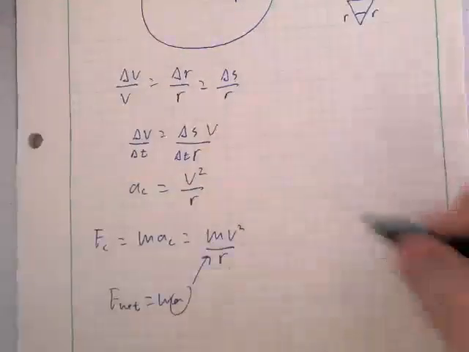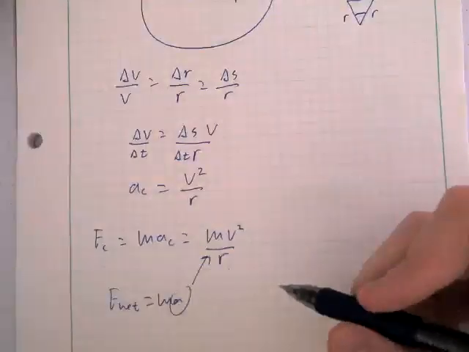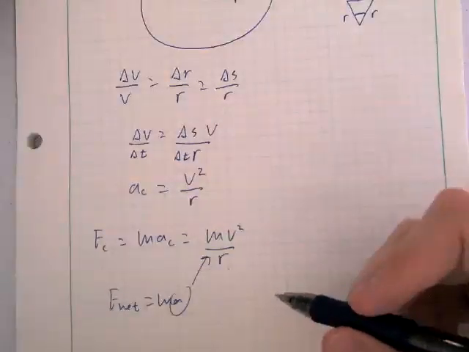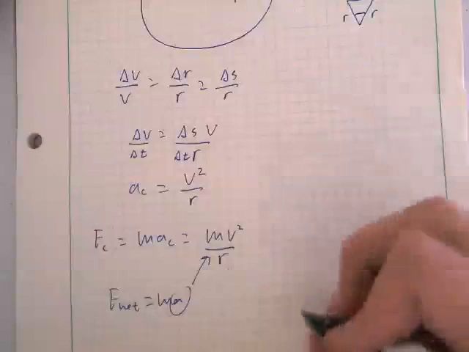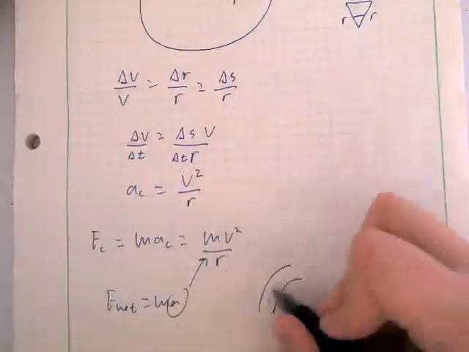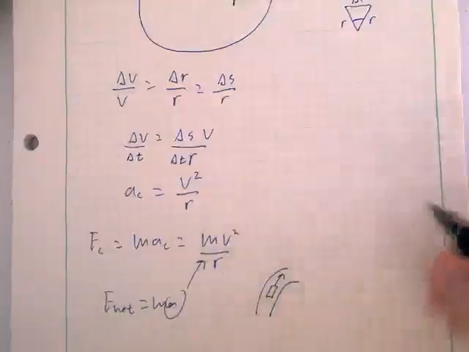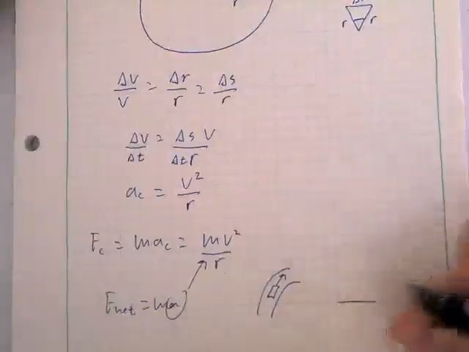If we have a car going around a circular turn, moving at a constant speed, you would have gravity, friction, and the normal force. I'll draw it here. Here's a top-down view of my car as it's going around this turn, and I can also draw it from the back.